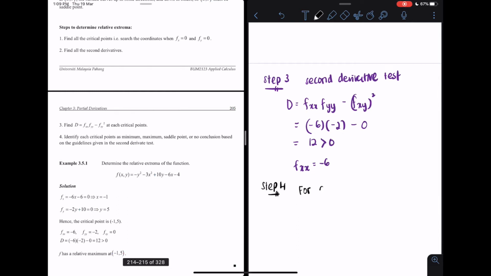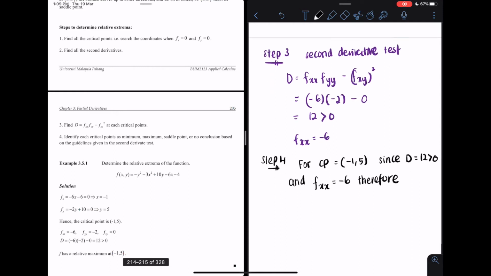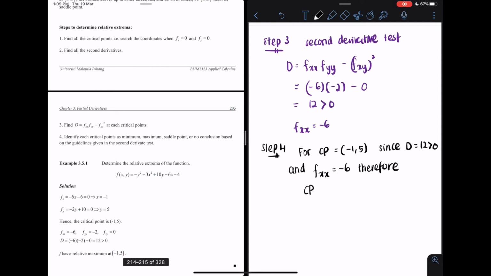Okay, for critical point equal to negative 1, 5, since D equal to 12 larger than 0 and fxx equal to negative 6, therefore CP equal to negative 1, 5 is a relative maximum.